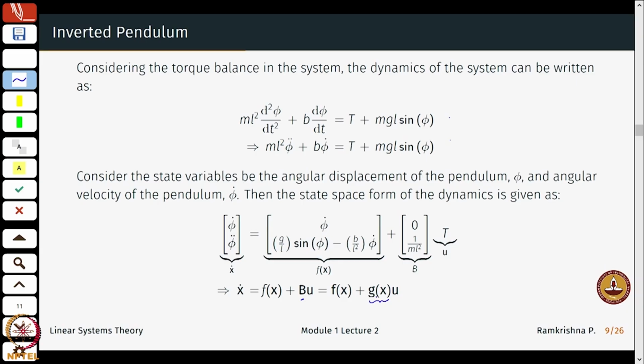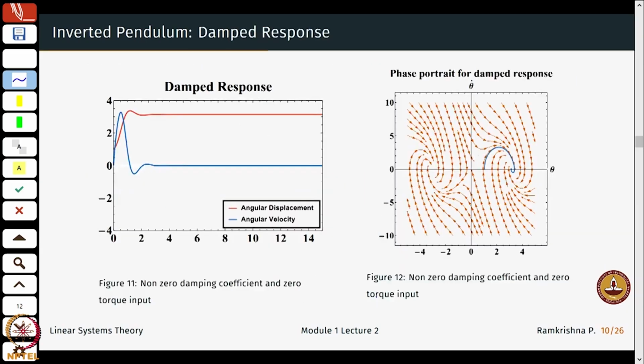What is interesting here is when I plot the phase portrait. Again, if I start at theta equal to 0 and theta dot equal to 0, I will always be here. If I start at a point slightly to the left of the origin, you see that my trajectories are actually diverging.